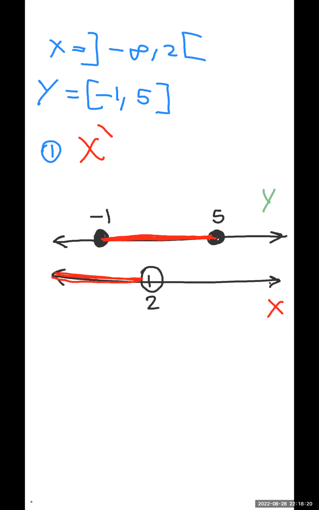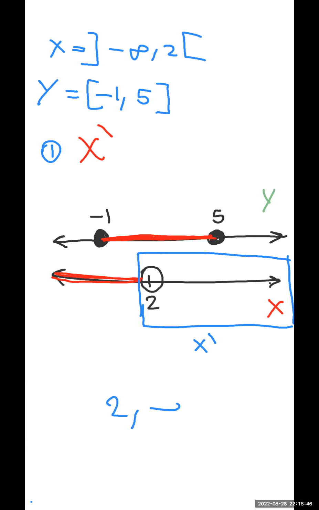X complement will be that part which complements X to be the universal. So I'm looking for the missing part from the number line, which is this part. So this part is X complement, correct? Correct. So it's 2 and positive infinity.